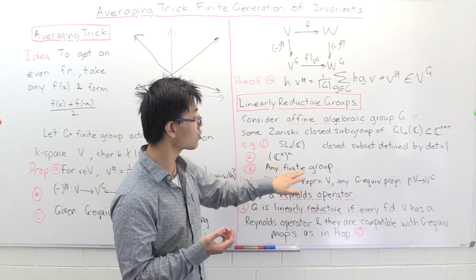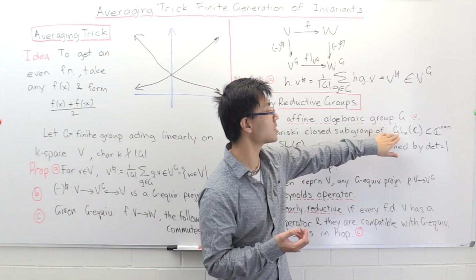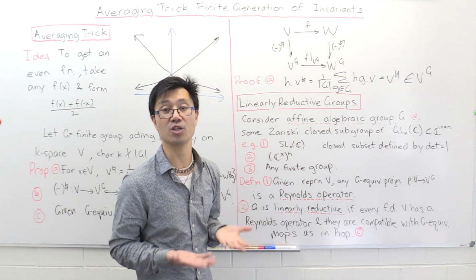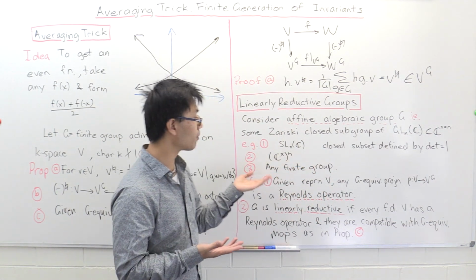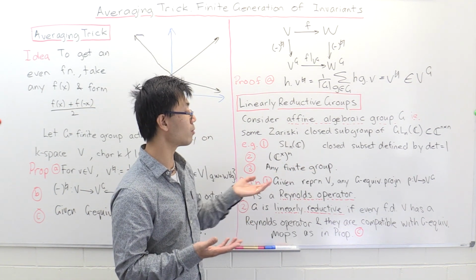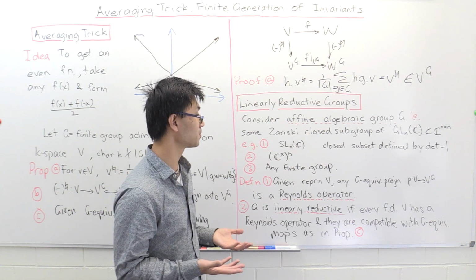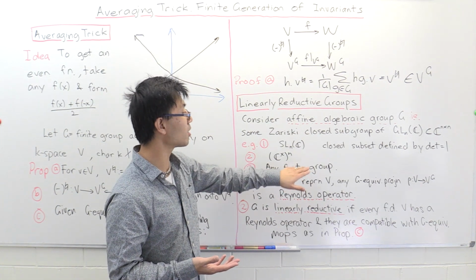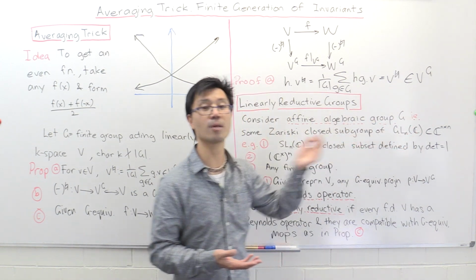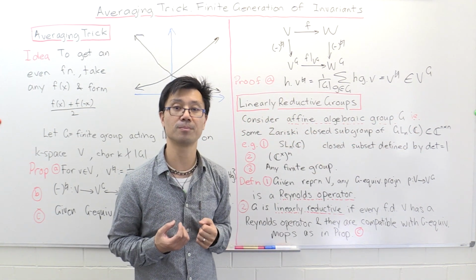So you just have to make sure that any group does indeed embed inside GLNC, and that's because any group has a faithful representation. For example, you can look at the group algebra, and that gives you a faithful representation, the regular representation. So that gives you an embedding of that finite group into some GLNC, and since it's finite, it's a closed subgroup and hence an affine algebraic group.